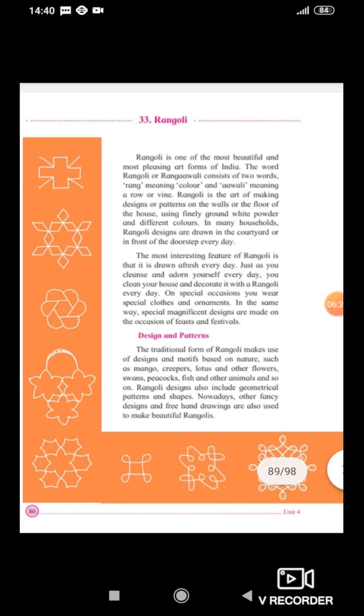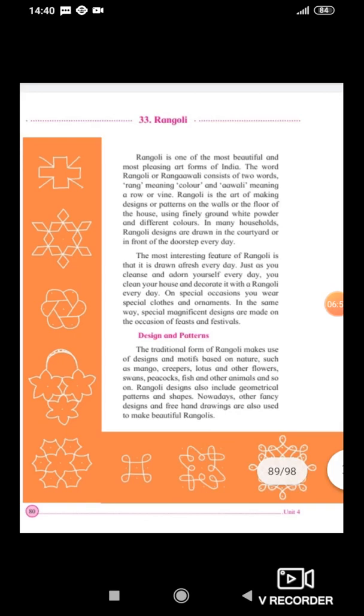Just as you cleanse and adorn yourself every day, you clean your house and decorate it with a Rangoli every day. On special occasions, you wear special clothes and ornaments. In the same way, special magnificent designs are made on the occasion of feasts and festivals.